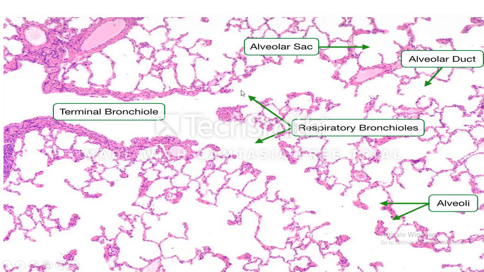Respiratory bronchiole opens to alveolar duct. Alveolar duct opens to alveolar and alveoli. Simple cuboidal, simple squamous, and simple squamous in alveolar structure histology. Very good.